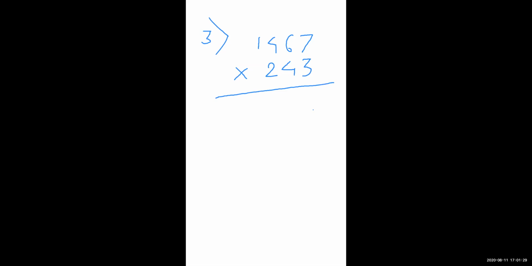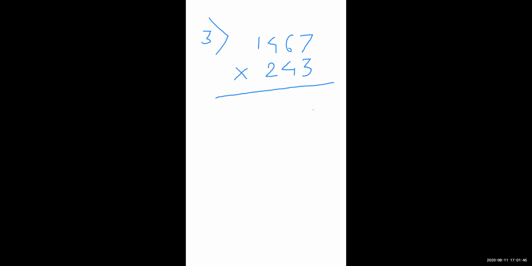Okay, so firstly we will multiply 1467 by 3 units. Let's multiply 1467 by 3 units.